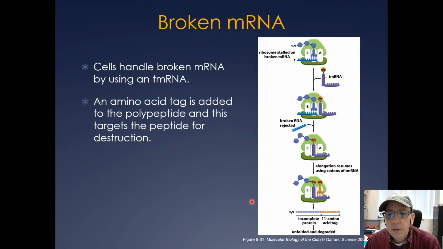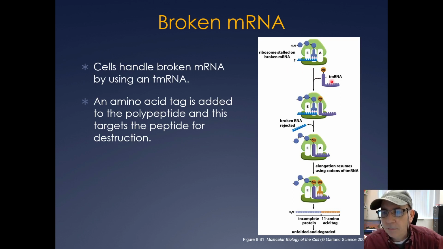Occasionally RNAs will get broken, and cells can handle the broken RNAs via different mechanisms. Oftentimes they're just shipped off to the exosome to be degraded. But occasionally, if a ribosome is translating on that messenger RNA and it breaks, the ribosome stalls and doesn't know what to do.